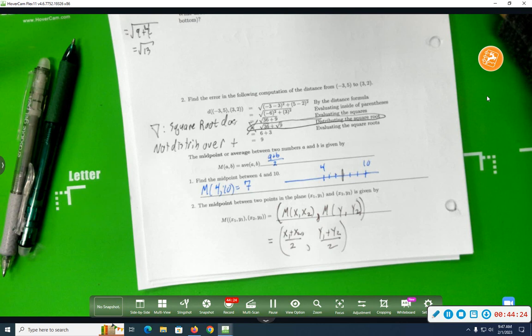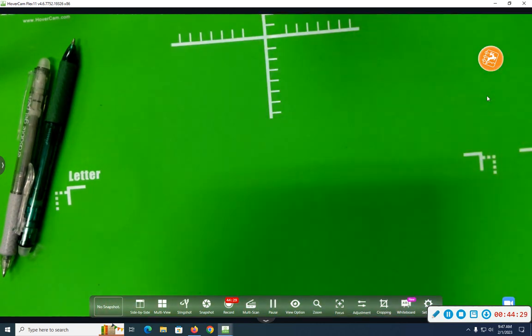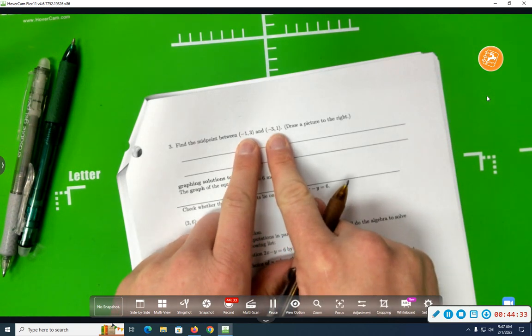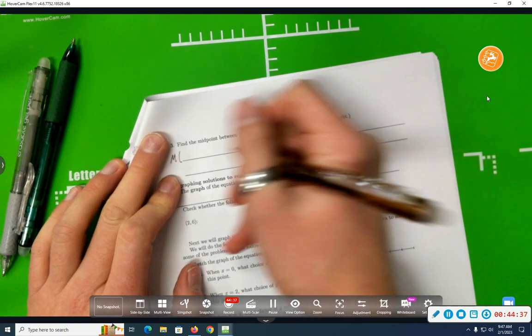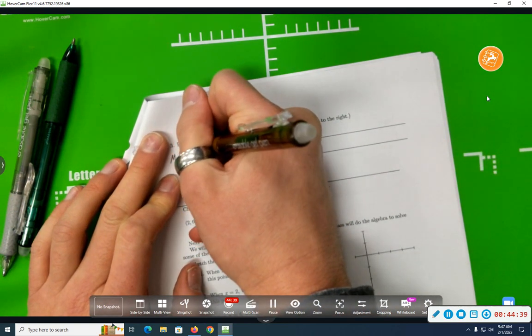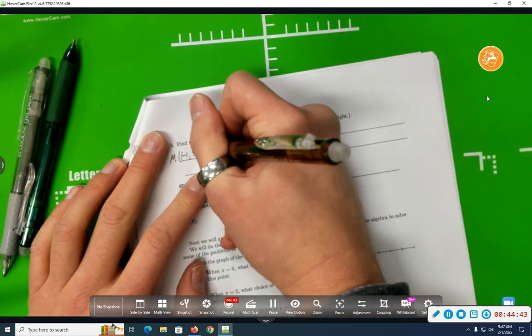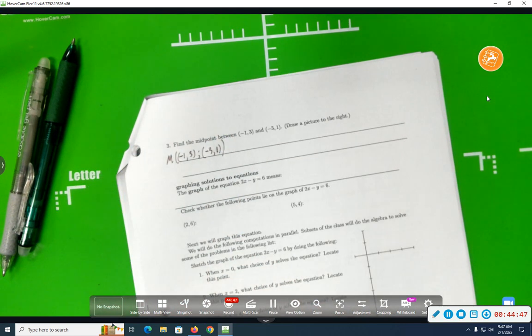And let's visually see if it seems sensible. Let's find the midpoint between these two points, and let's see if it works out okay. So I want the midpoint between (-1, 3) and (-3, 1). And I know the formula is on the previous page now, but let's do it. So in order to compute the midpoint, add up the x-coordinates, divide by 2.